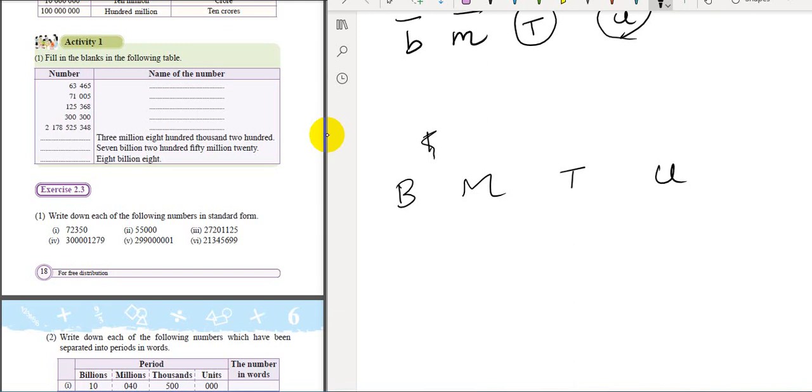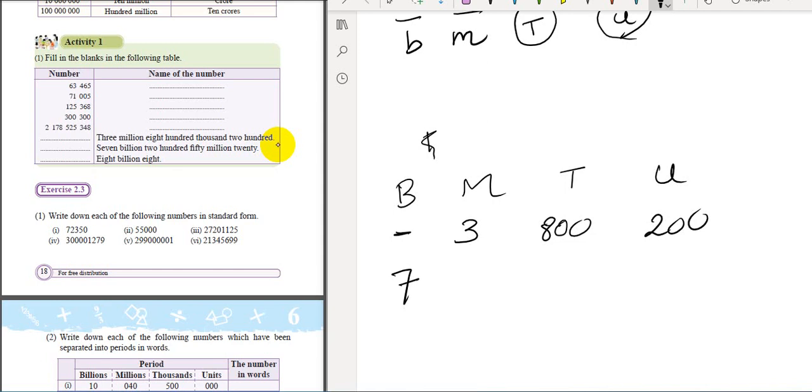There's no billion, so there are 3 million, so we put 3 here easily. 800,200. 800,000, so we have to put 800 here. And 200.